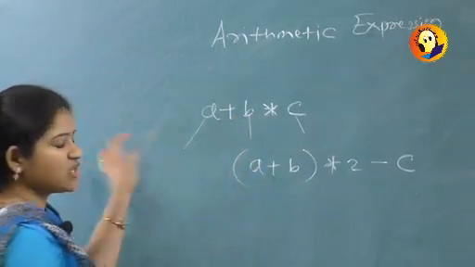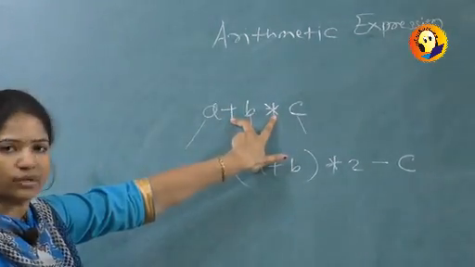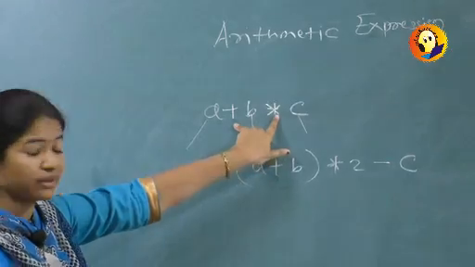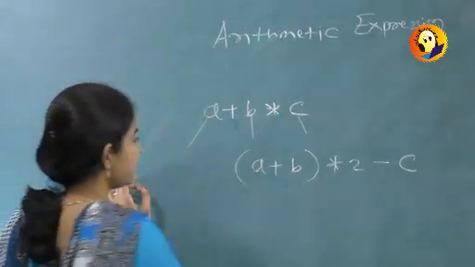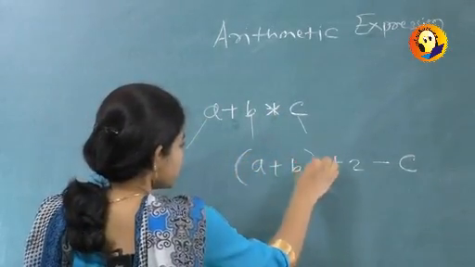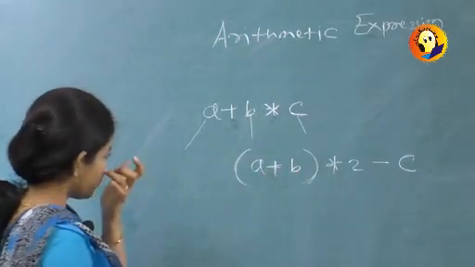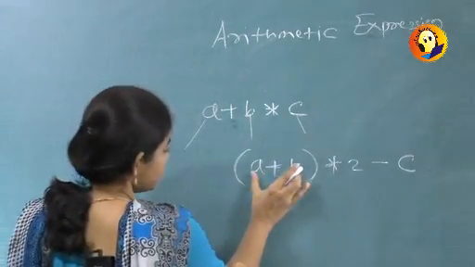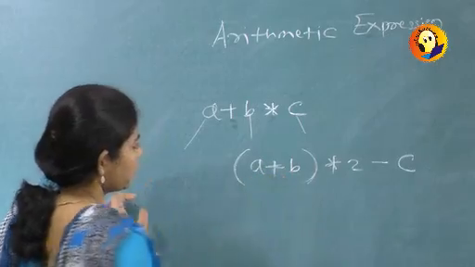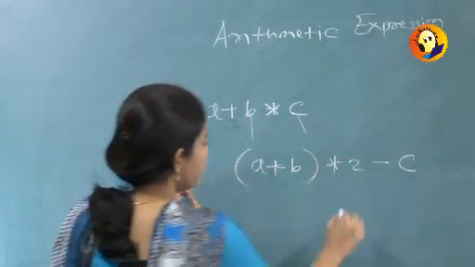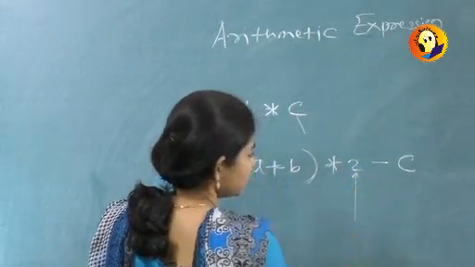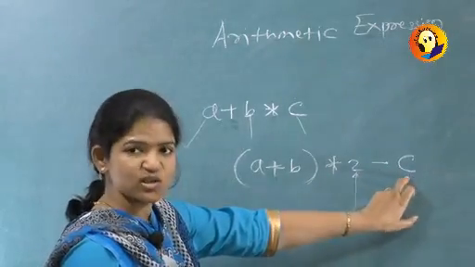Plus and multiplication are operators: plus is the addition operator and this is the multiplication operator. In a plus b, these two operands are connected with the help of the plus operator. Multiply by 2, this term is a constant, and in minus c, c is also a variable.